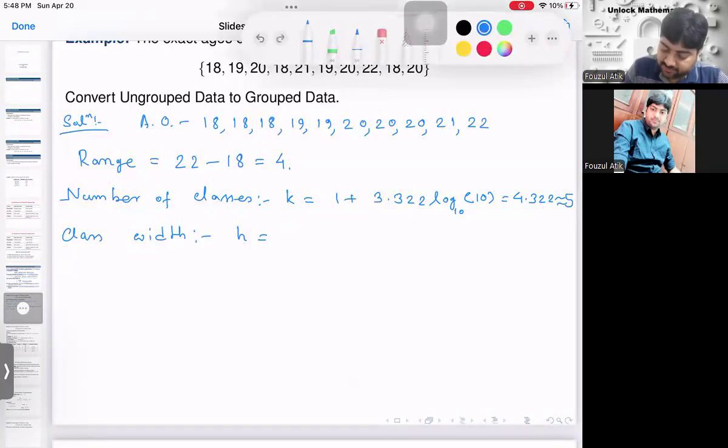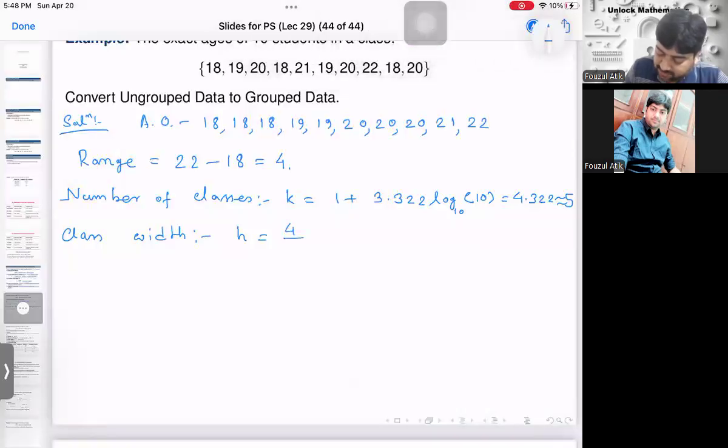Range is 4 divided by 5, which is 0.8. Again we can round it up to 1. So class width is 1. Each interval will have width 1, therefore we can create the non-overlapping intervals.